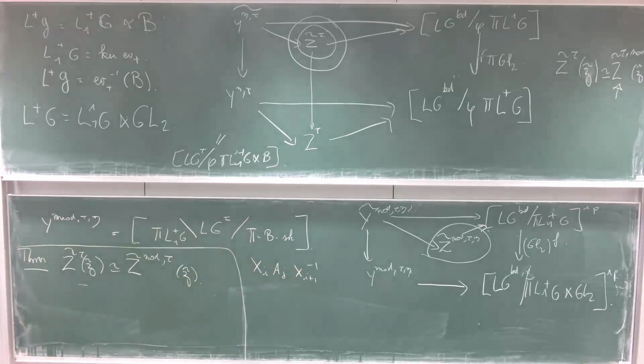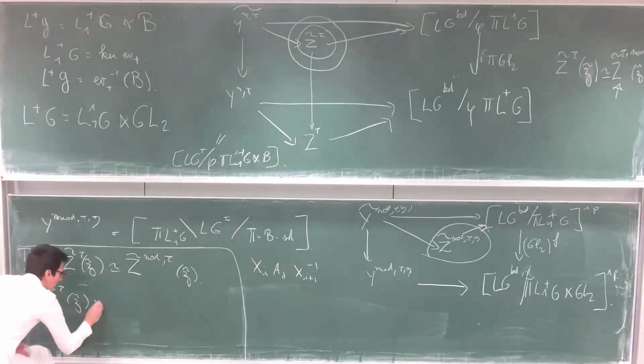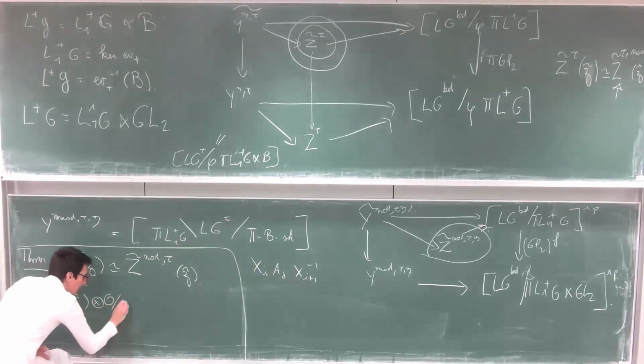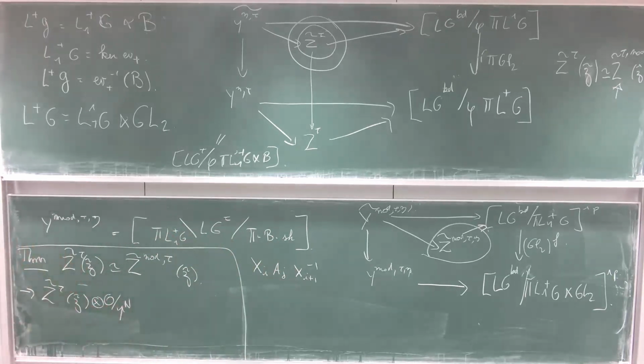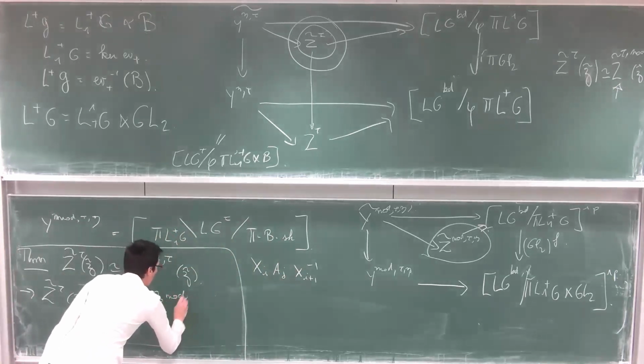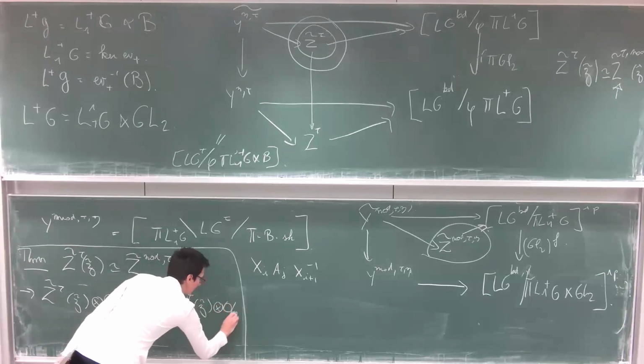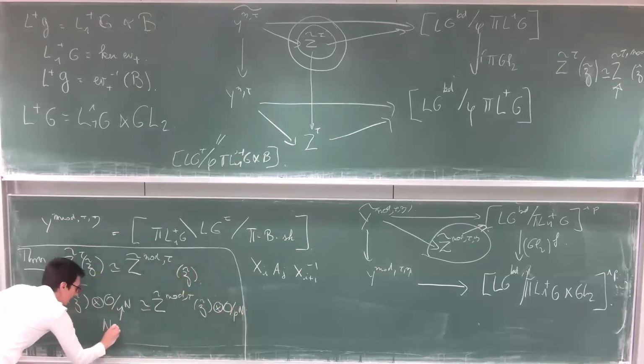There are two steps. So first, you prove that this is an isomorphism modulo p^n when n is big enough.